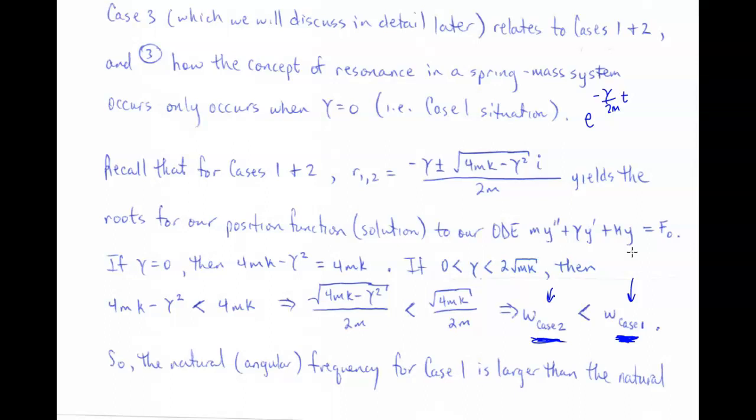And so I say that to remind you that one of the things I said earlier was that whenever we have a case 2, our system actually has a quasi frequency, a quasi period.